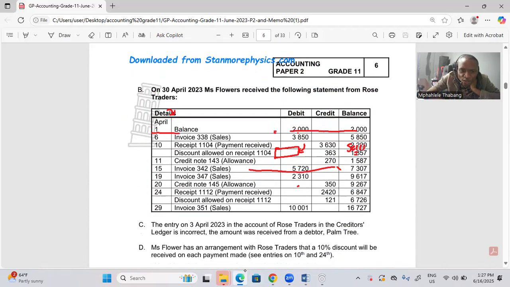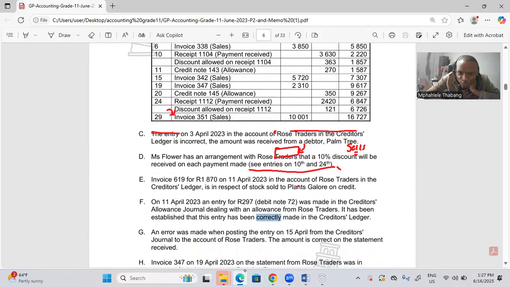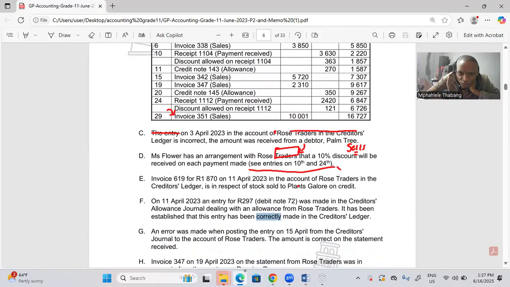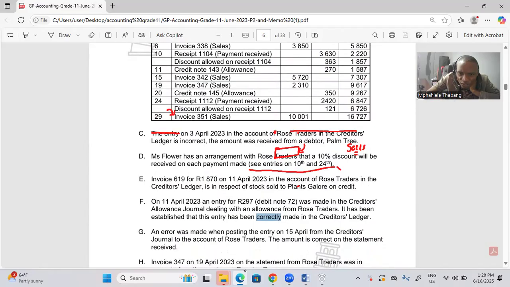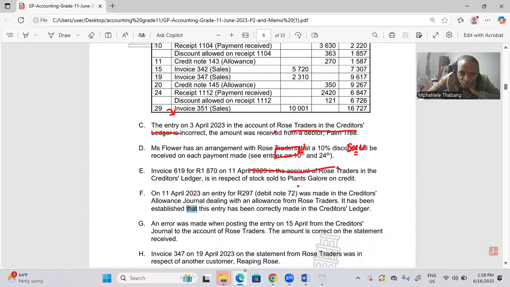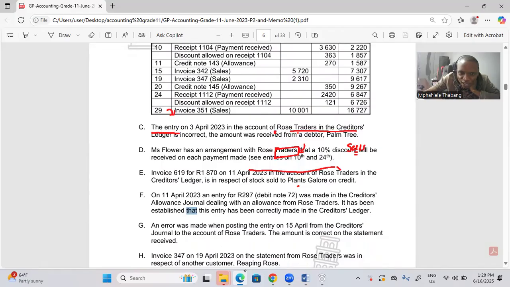Let's read the information. Okay, so we go to information F. On 11 April 2023, an entry for 297 debit note was made in creditors allowance journal dealing with an allowance from Rose Trader.